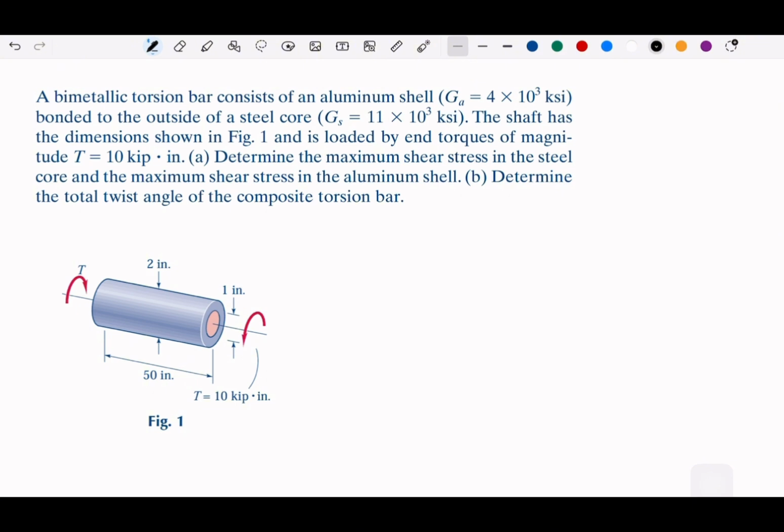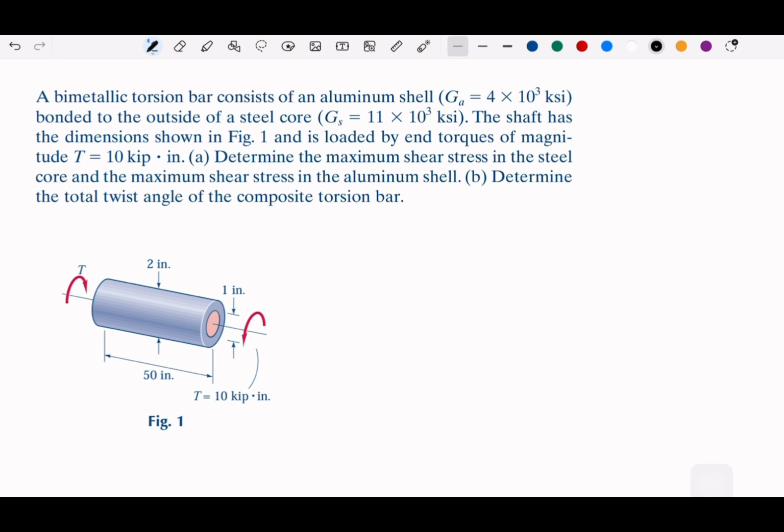We have the torque directly. So it's mentioned that the torque is 10 kip inch, and it has a total length of 50. The radius for the outer shell is 2 inch from the center, and 1 inch for the inner, right?